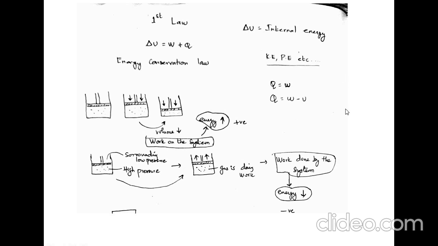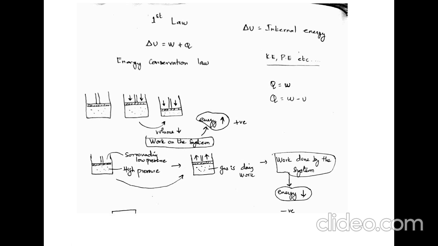Okay, that is what they call internal energy. We can't calculate how much internal energy is there, but the change of internal energy you can calculate. So Q, the heat given, is nothing but change in internal energy minus W. The change of internal energy is nothing but work plus the heat given to the system.